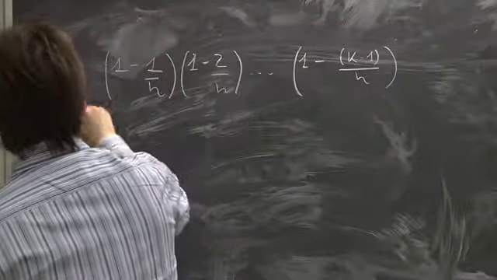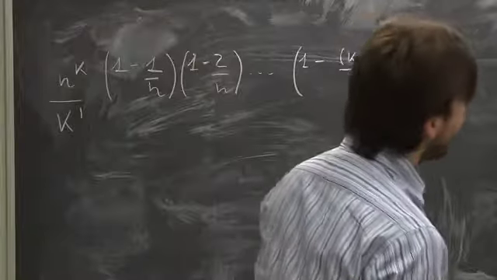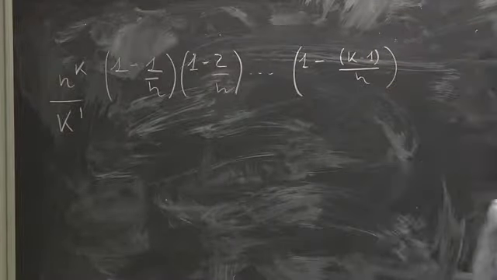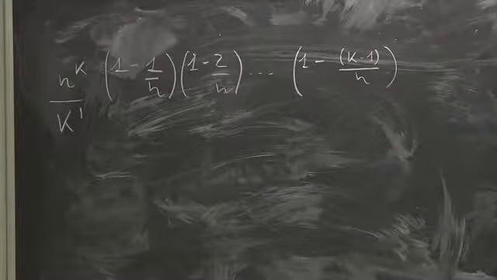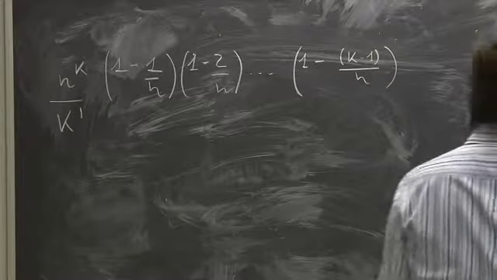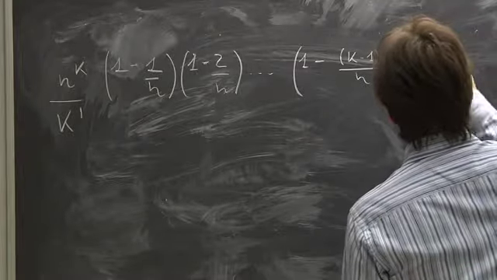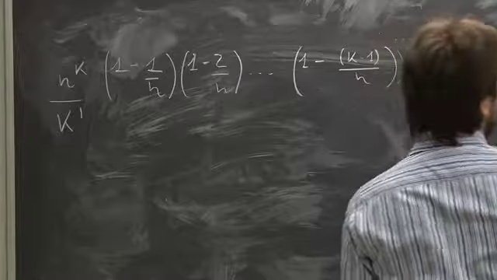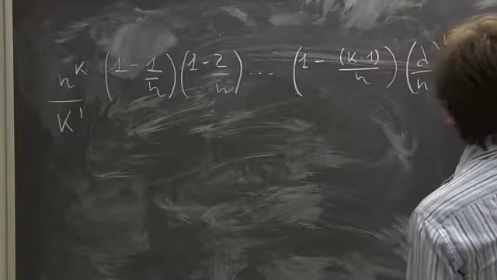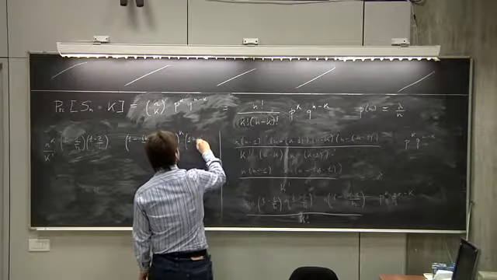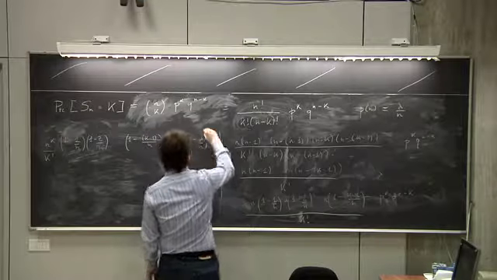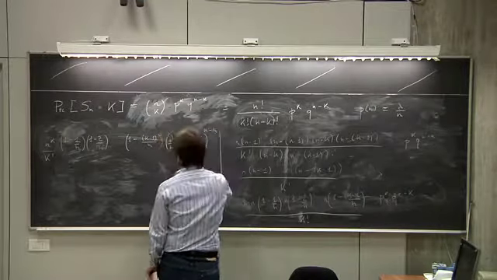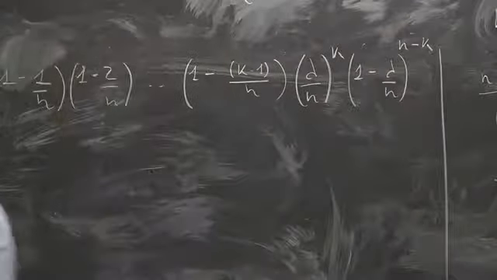Here we have k factorial, and what else? Oh, and now let me replace p with that expression, lambda over n. Lambda over n to the k, and 1 minus lambda over n to the n minus k.